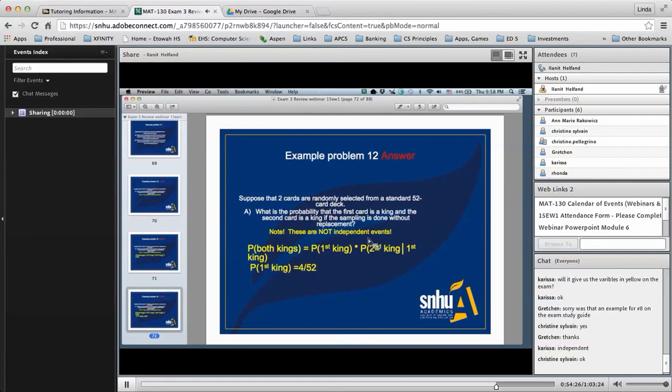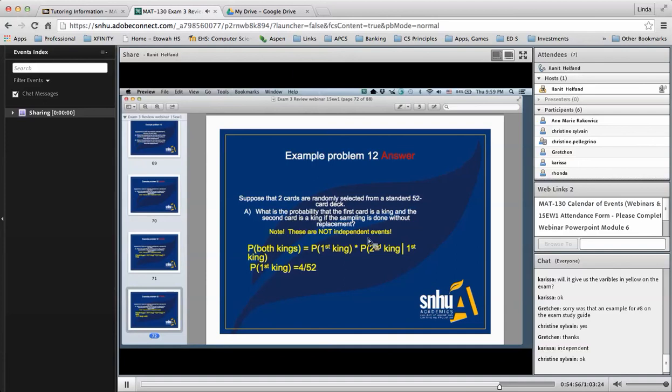The probability of the first one being a king is simple: there are 52 cards in the deck, 4 of them are kings, so 4 out of 52. Now, to move on to the second card being a king, we need to move our mentality into a situation where I already pulled a king out of the deck, because I'm looking at the first one being a king and the second one being a king.